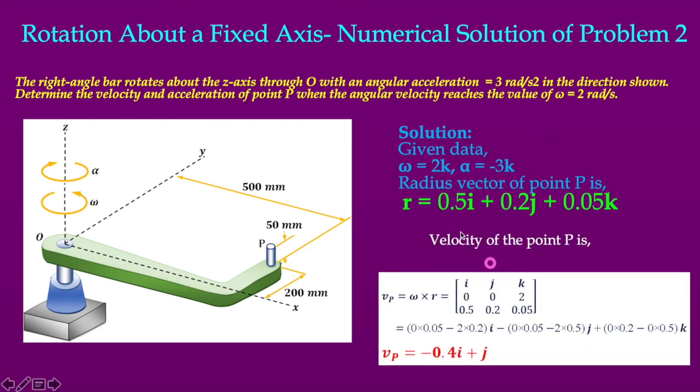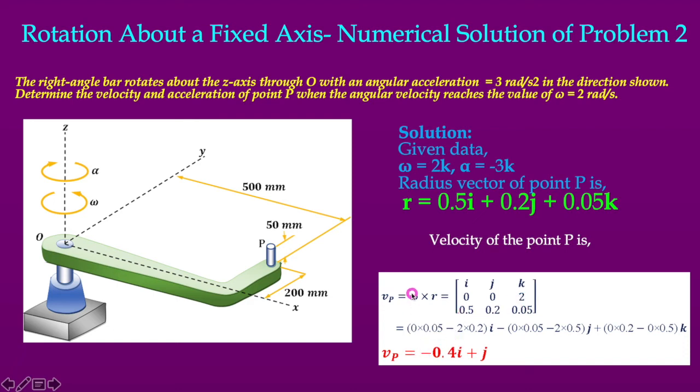Calculate these velocities. We know Vp, the tangential velocity, equals omega cross r. Omega equals 0, 0, 2, that is omega equals 2k. We can write this 2k as 0i plus 0j plus 2k. So 0, 0, 2, and here 0.5i, 0.2j, 0.05k. So substitute this, and we know the cross product, i into this minus this into this.